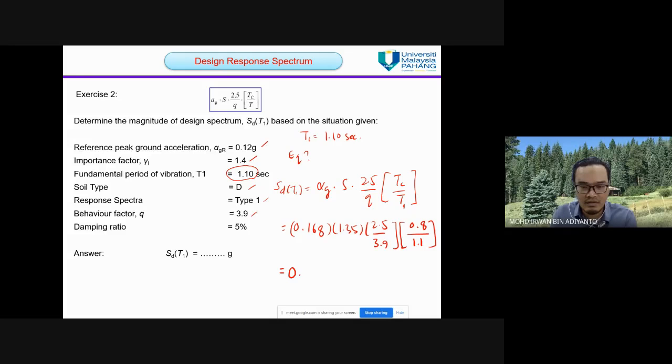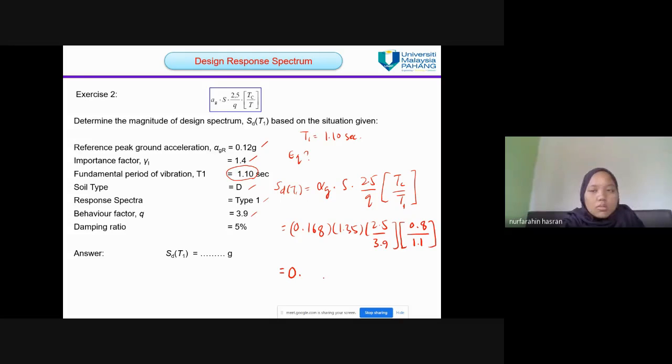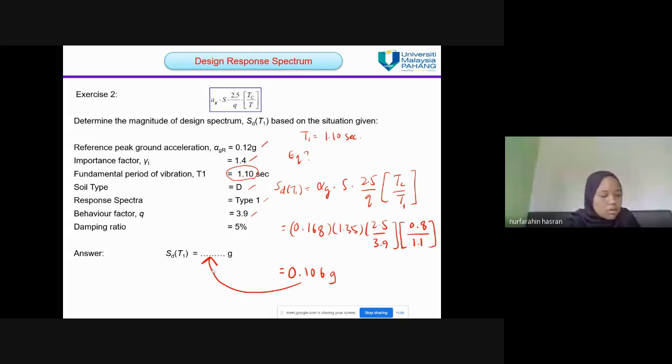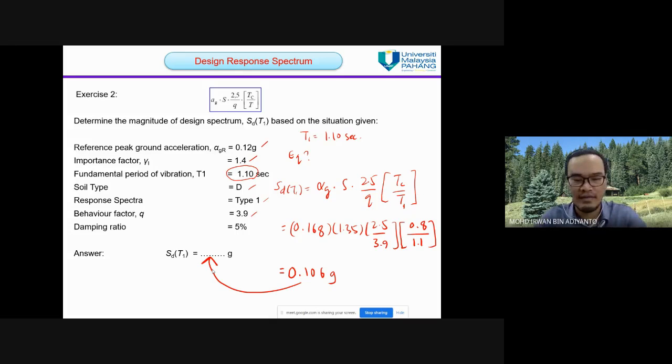0.106. Anybody? The unit is G, it's for gravity. Okay, that's why. Okay, ada sesiapa dapat nilai yang lain tak?